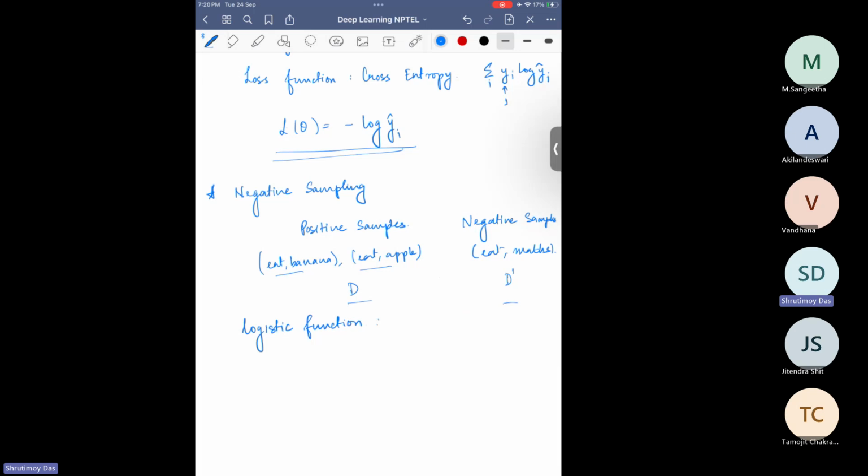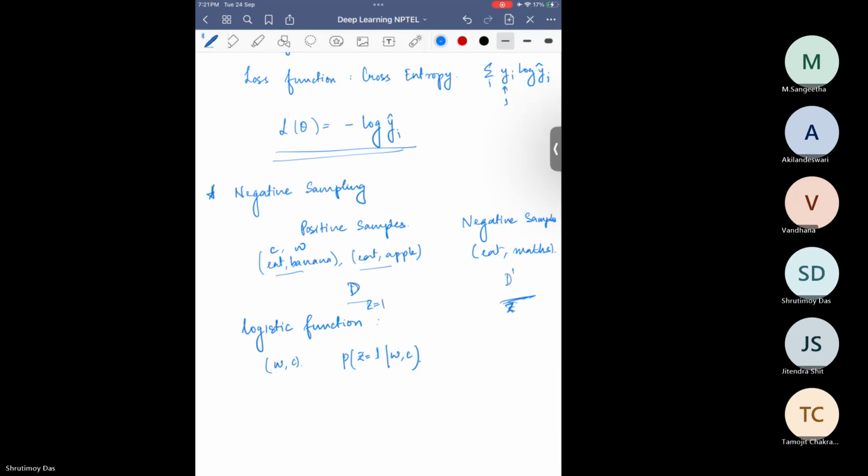Suppose this is my context and this is my word. Given some word and context, I want to maximize the probability that the output says they are correlated. That means z is equal to 1 whenever w and c appear in the positive samples, and z is equal to 0 if they appear in the negative samples.